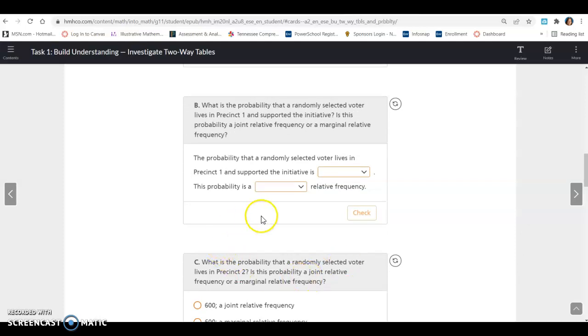All right, so what is the probability that a randomly selected voter lives in precinct 1 and supported the initiative? Is this probability a joint relative frequency or a marginal relative frequency? All right, if we go back to the table, we're looking for precinct 1 and supported, so precinct 1 and yes.